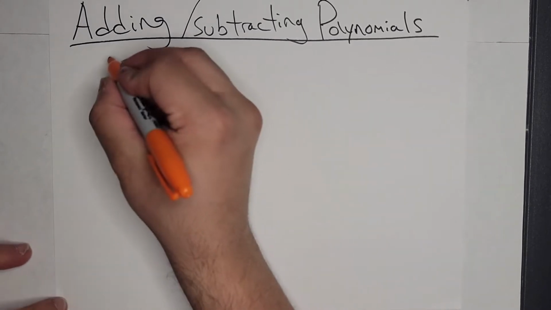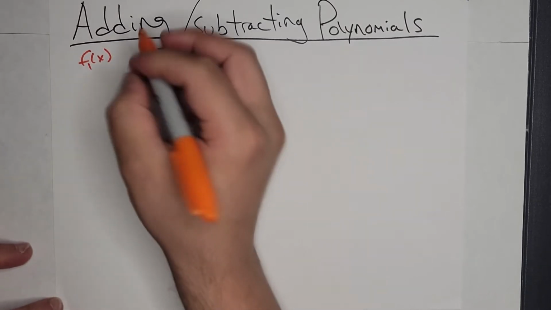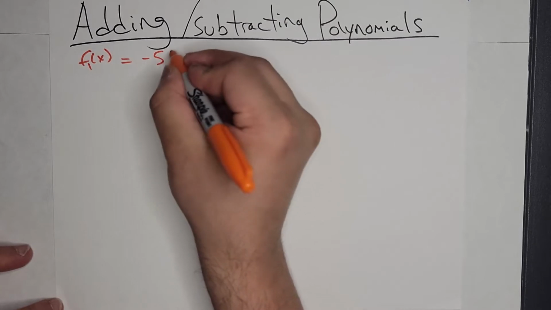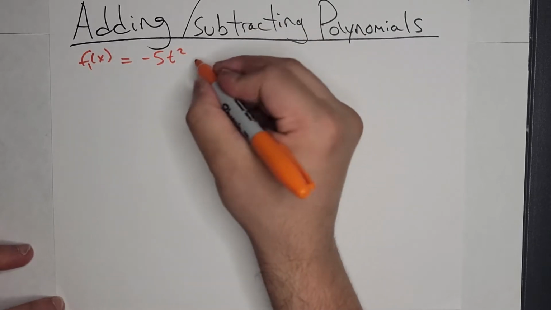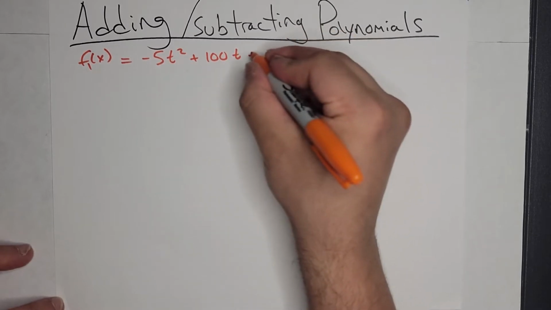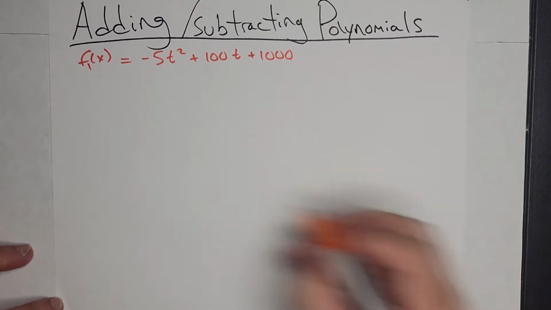Say we have two functions. Function 1, and that is negative 5t squared plus 100t plus 1000. Let's say I have another one.